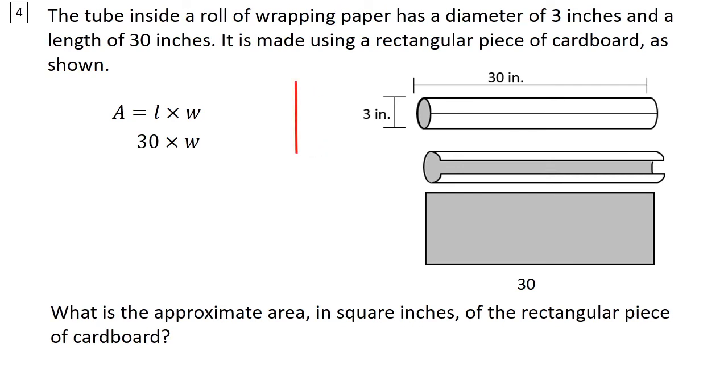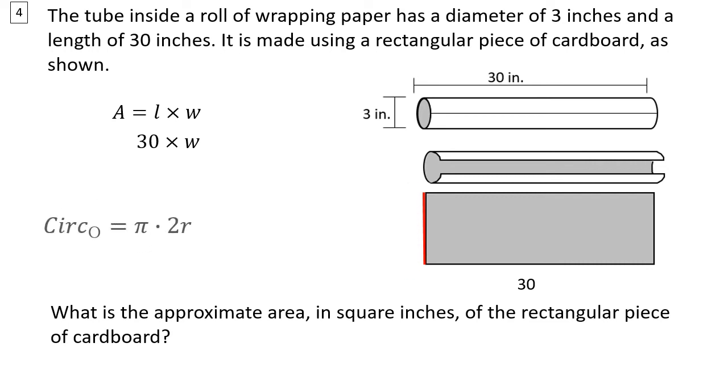So what was a circle is now straight, and what was a circumference is now the width of that rectangle. And that's much easier to work with because I have a number. I've got the diameter for the circle. That'll help me find the circumference, and then I can turn that into my width.